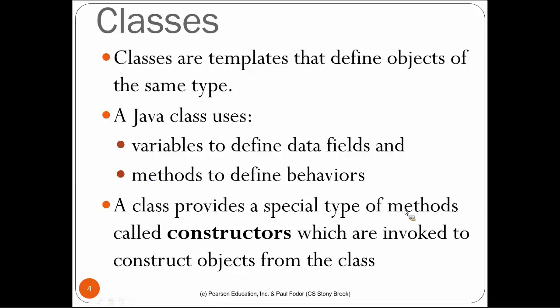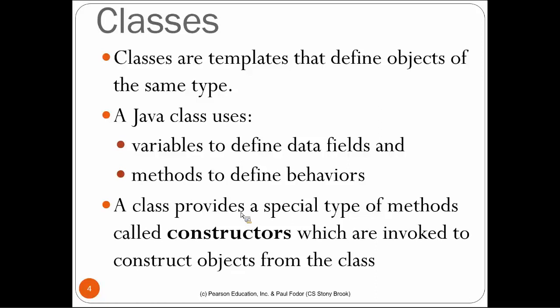A class also provides a special type of methods called constructors which are invoked to construct objects of that class. And in fact, we already saw a bunch of constructors when we create a scanner with a new Scanner, and we give it as the argument the system input stream.